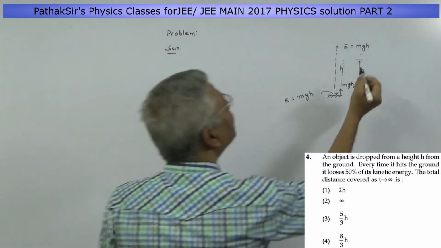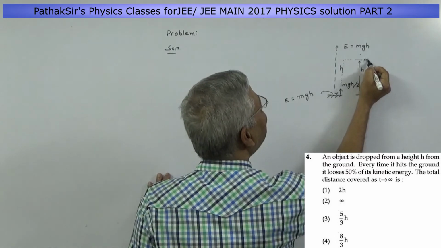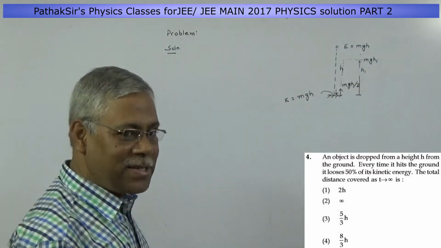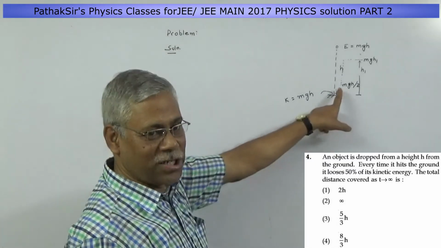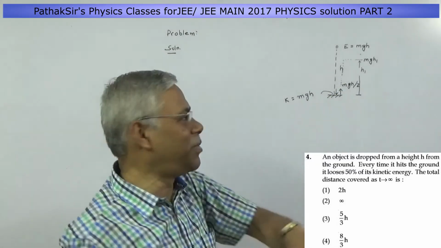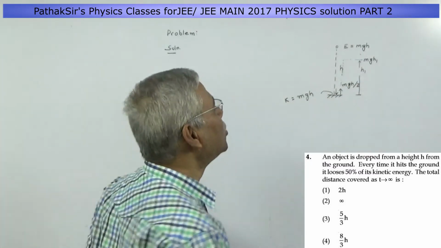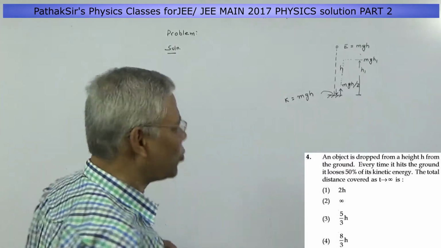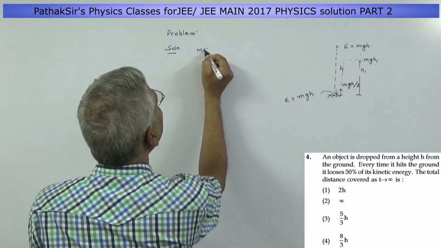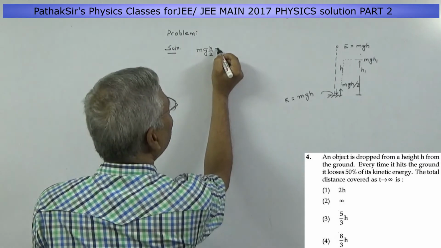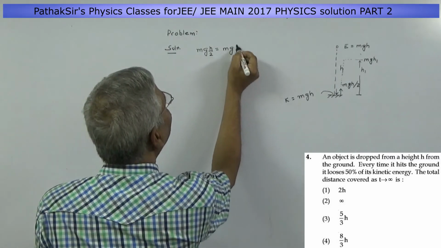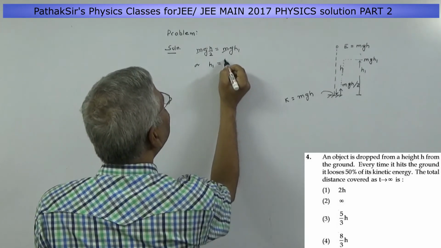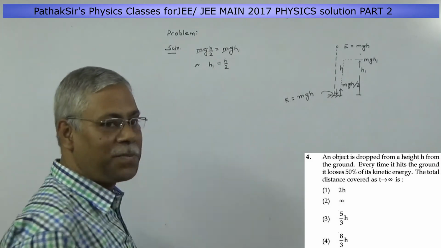At the highest position, the total energy will be potential energy. Due to collision energy is lost, but after collision there is no loss of energy. So mgh by 2 will convert into mgh1, or h1 equal to h by 2.